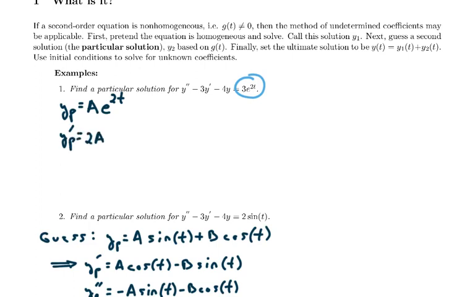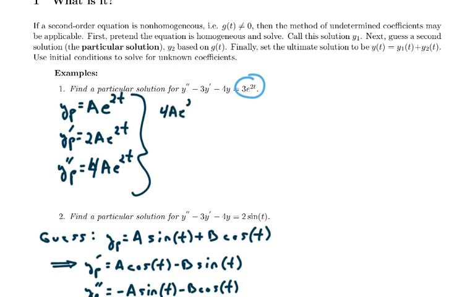So the first derivative is 2a e to 2t. The second derivative is going to be 4a e to the 2t. And then when we substitute in, we're going to get 4a e to the 2t, that's y double prime, minus 3 times y prime, so 3 times 2a, which is 6a e to the 2t, minus 4 times y, which is 4a e to the 2t.